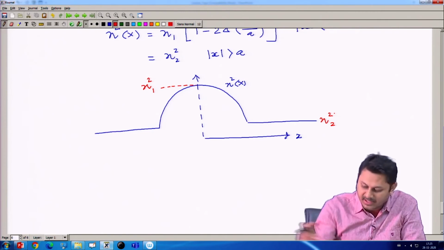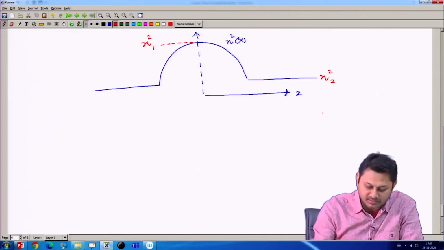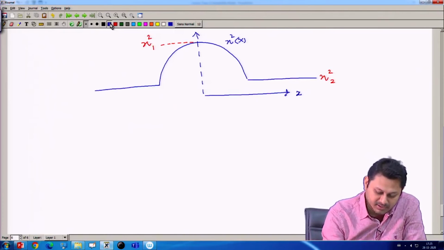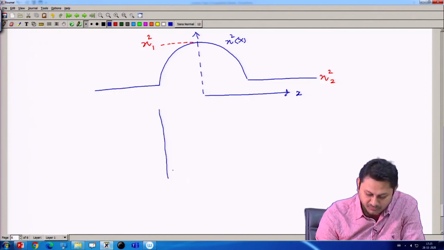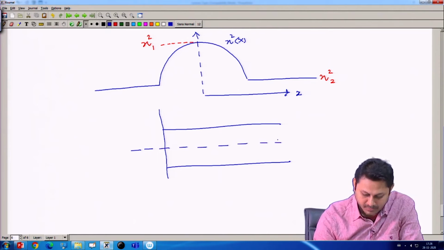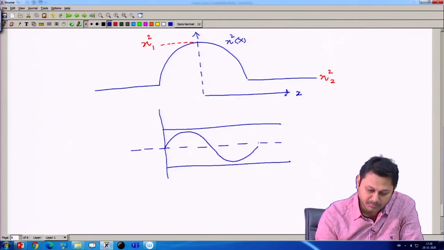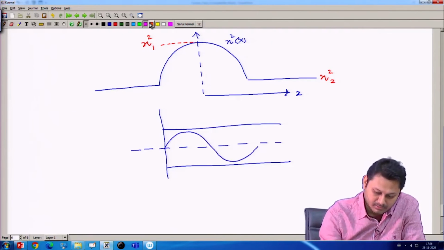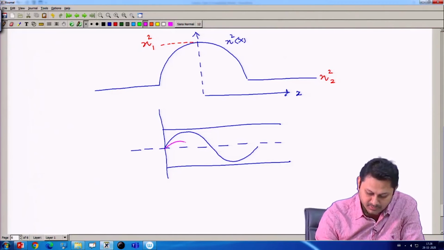And whatever the beta propagation. So for this case I have the ray path that we already calculated, that for this kind of profile we have a sinusoidal kind of ray path. So this is one path, this might be another path.